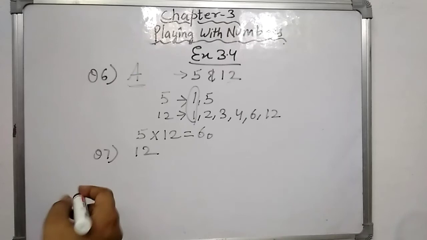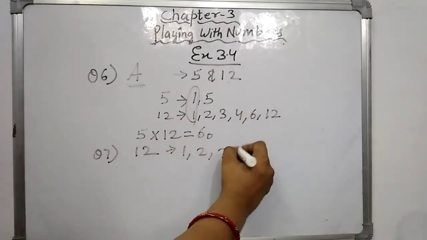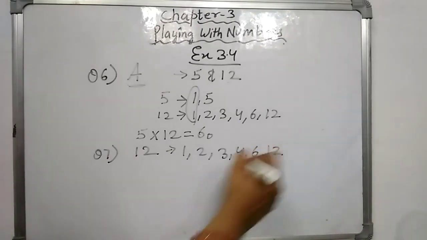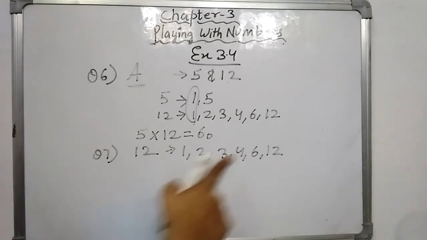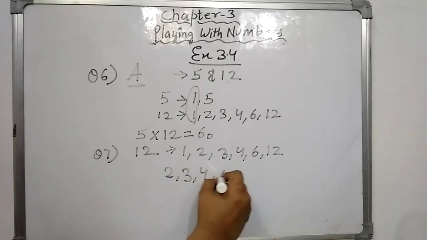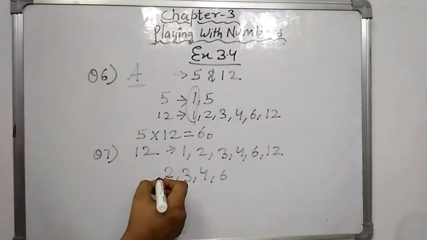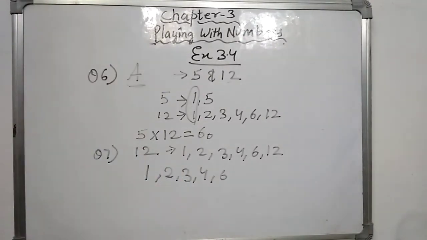So what are factors of 12? 1, 2, 3, 4, 6 and 12. So when a number is divisible by 12, it is divisible by 2, 3, 4 and 6 also. And 1 is a universal factor of each and every number.